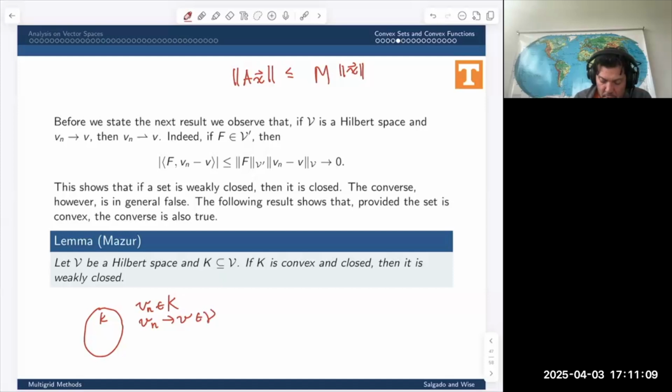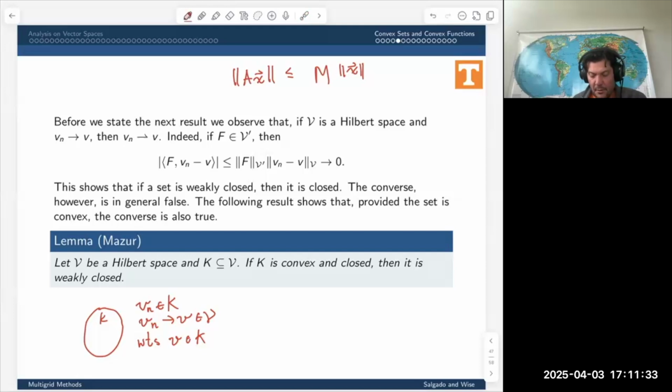We want to show that the point V is in K. So this is a strong limit point.